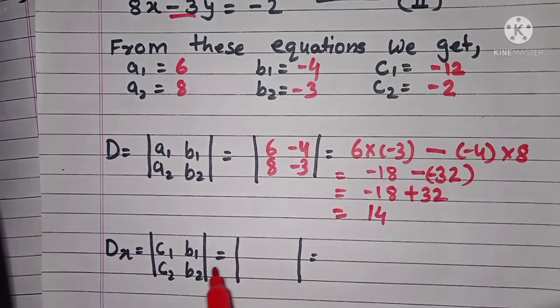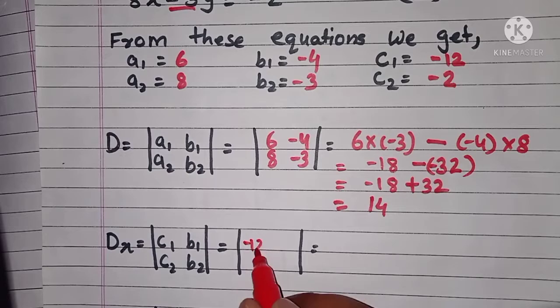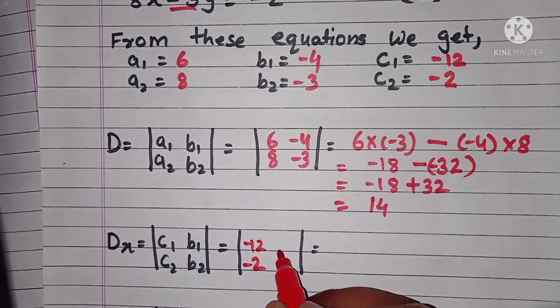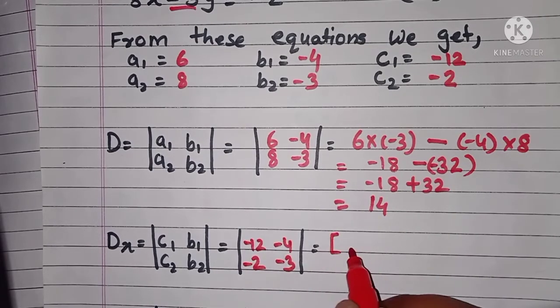Now the Dx value we will substitute. See, Dx is -12, -2, -4, -3. Be careful here, minus sign is there, that's why I am keeping a bigger bracket.